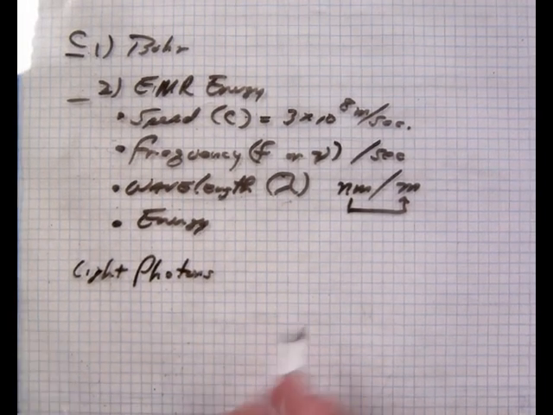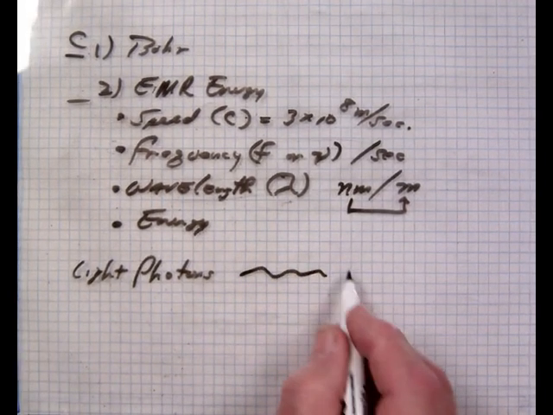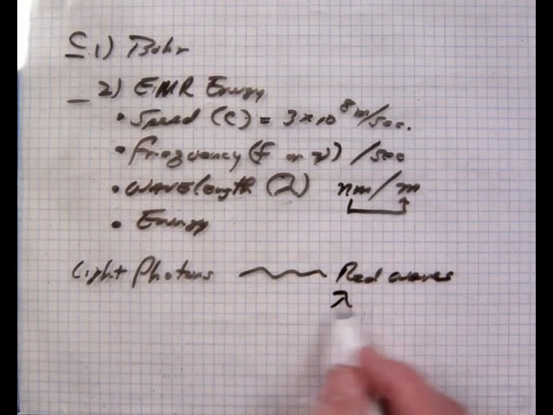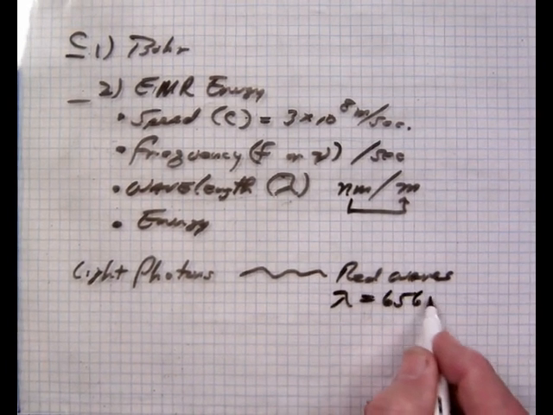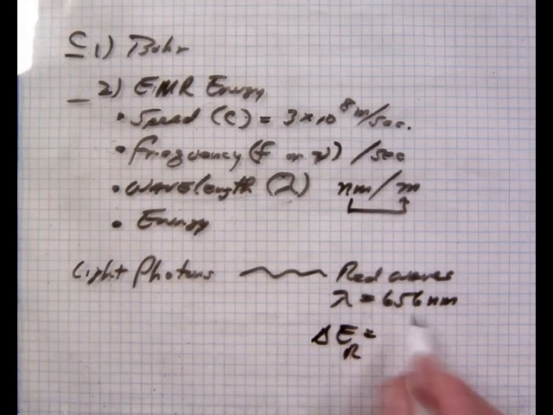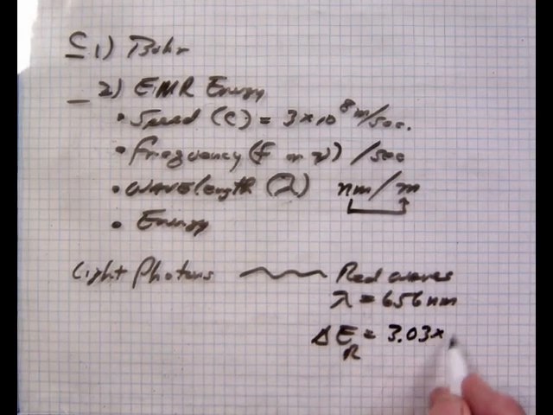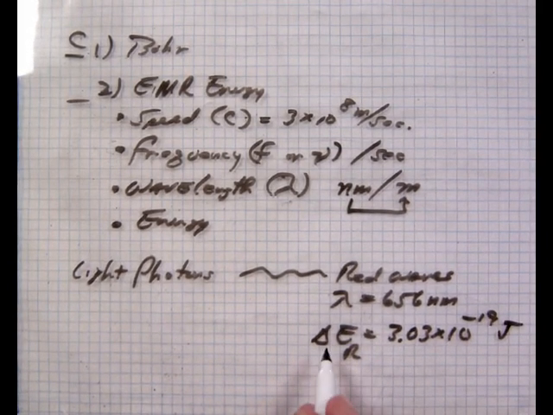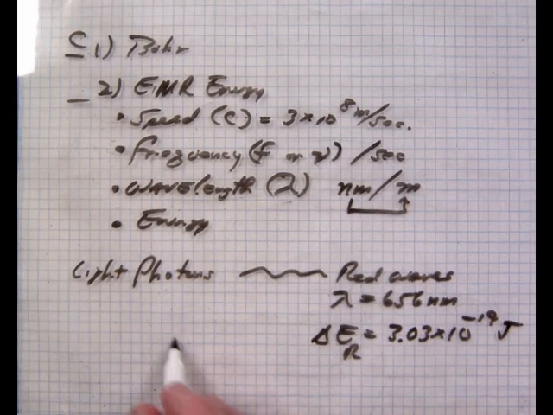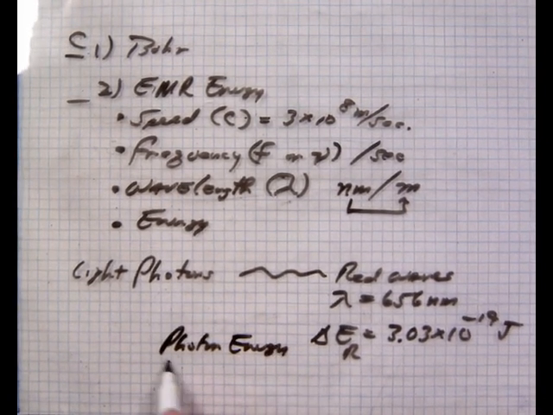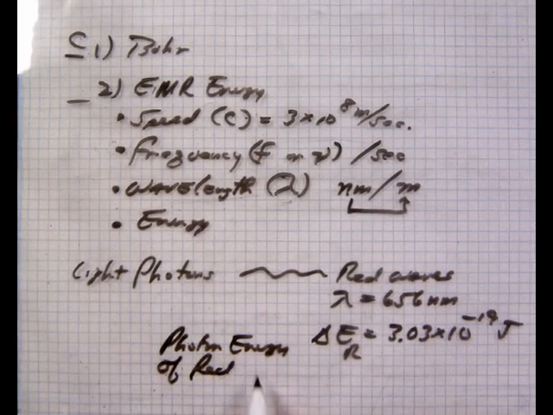That means a given color, say red waves, have a lambda of 656 nanometers, and a delta E of red equal to 3.03 times 10 to the minus 19 joules. That's a photon energy. Red light.